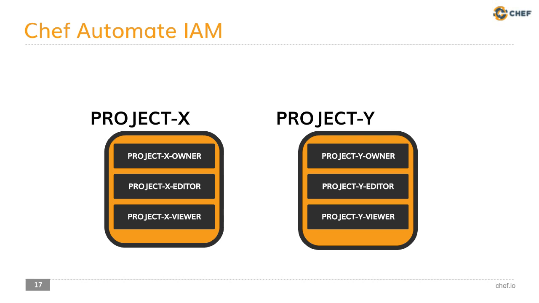Not only so that you can see those filtered dashboards within the UI, but so that you can provide access to subsets of your environment. Every time you create a project in Chef Automate, it automatically creates owner, editor, and viewer roles for that project, so that it's very easy to confine teams to whatever projects they're a part of. And with that, I'll take a quick look to see if there are any questions before jumping into the demonstration.